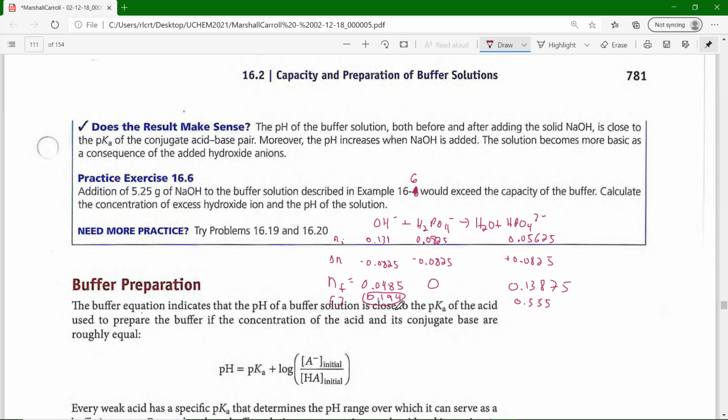Log of 0.194 is 0.71. 14 minus 0.71, or that's pOH is 0.71, so 13.3. Okay, so you can try the real practice exercise 16.6 on your own, where you're looking at the solution in example 16.4.